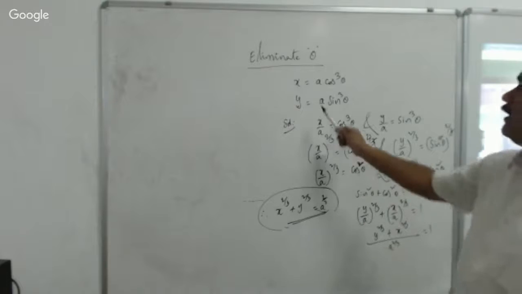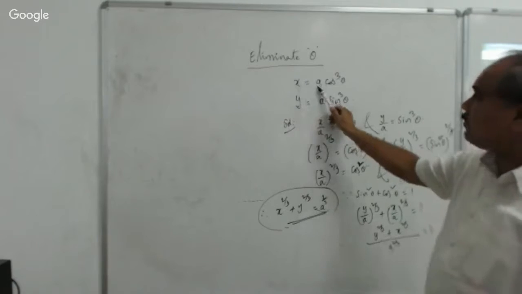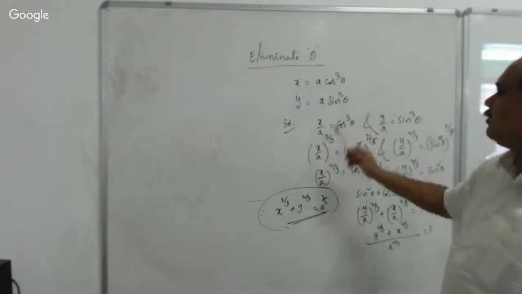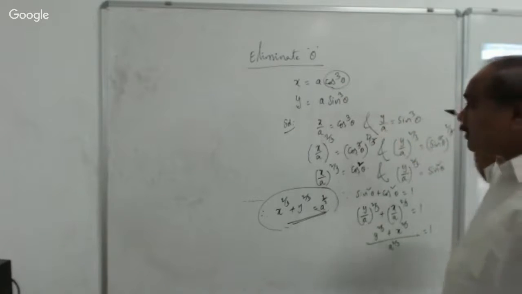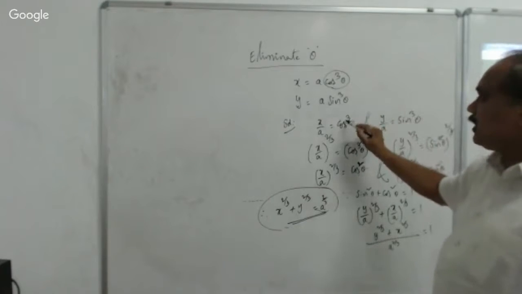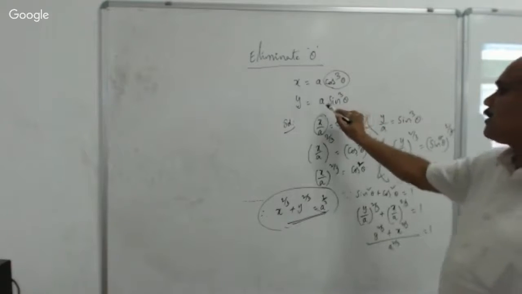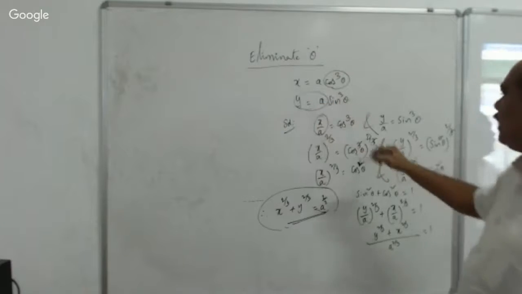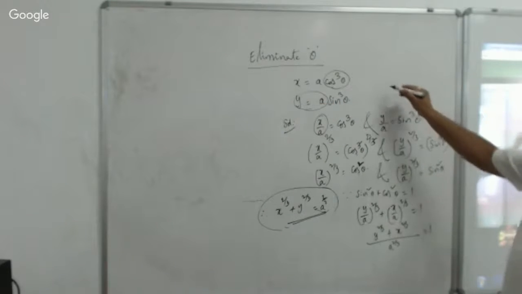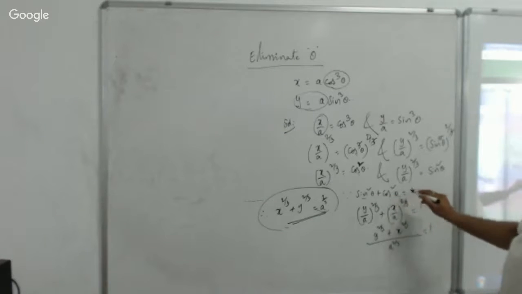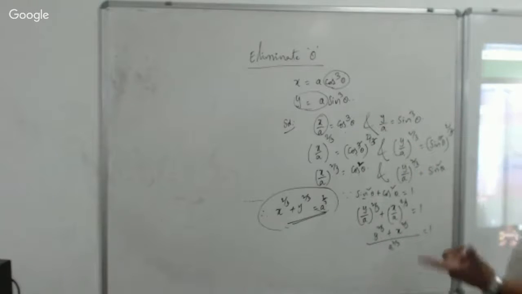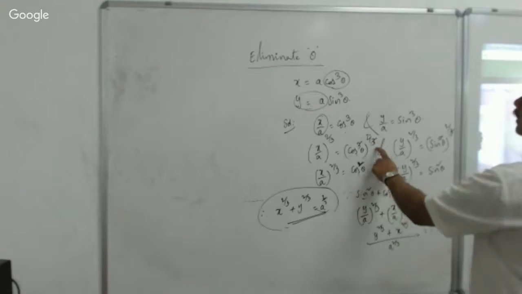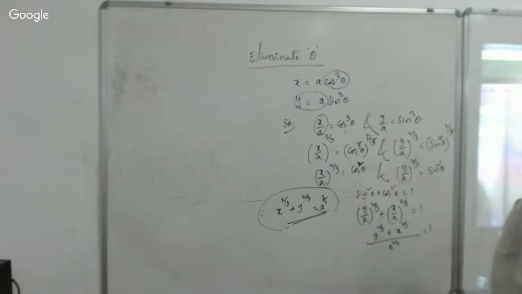Look here. The given problem is x equal to a cos cube theta, y equal to a sin cube theta. First of all, to eliminate theta, write down cos cube theta equal to x by a, sin cube theta equal to y by a. Then we know that sin square theta plus cos square theta equal to 1, so we have to make cos square theta here. How? Simply raise the power to 2 by 3. The 3 and 3 cancel, and you get cos.